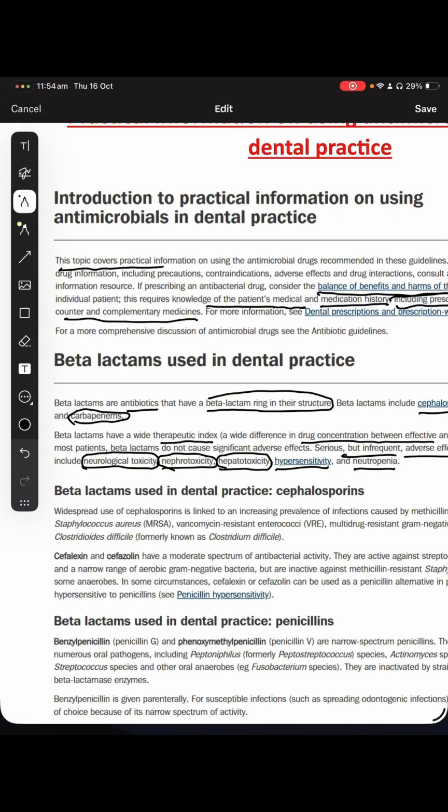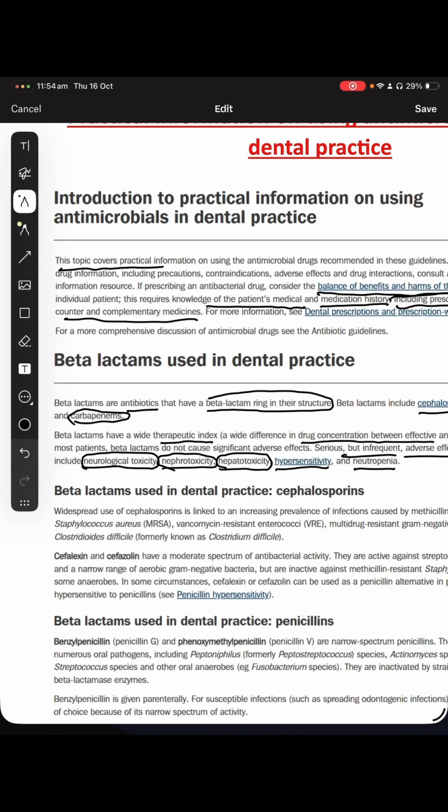So, NNN HH: neurological toxicity, nephrotoxicity, neutropenia, hepatotoxicity, and hypersensitivity. All right, so these are the adverse effects.